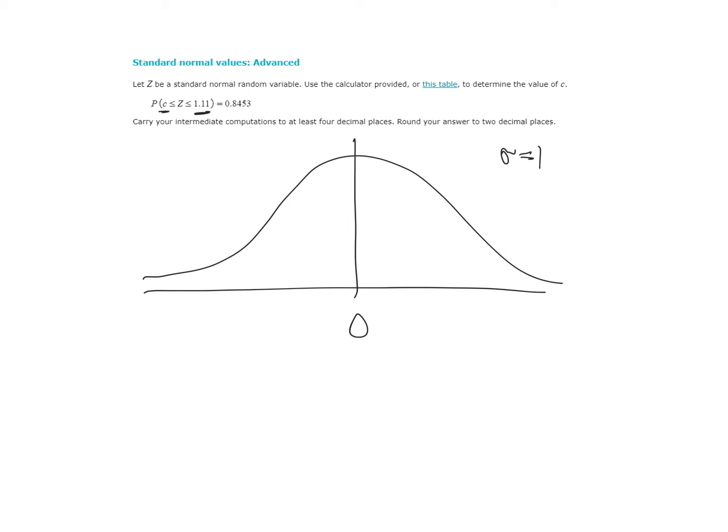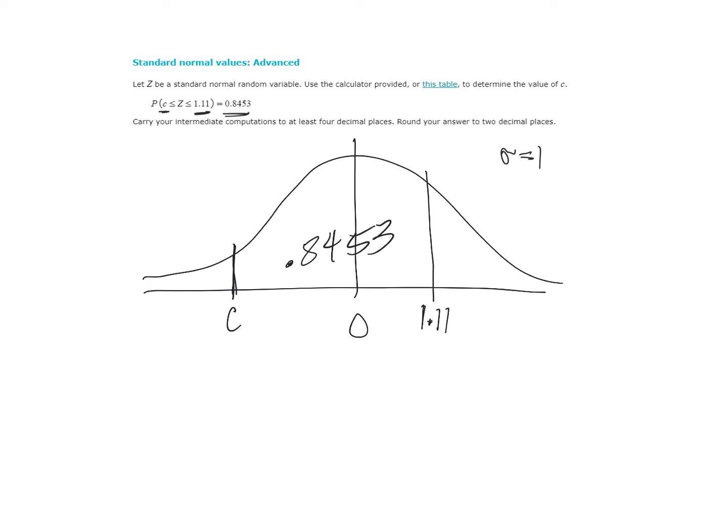So it wants to know 1.1 standard deviation would be to the right since it's a positive number. And the C, this other one, is going to be some value over here. I know it's over here because it says the area between these two things is 0.8453.